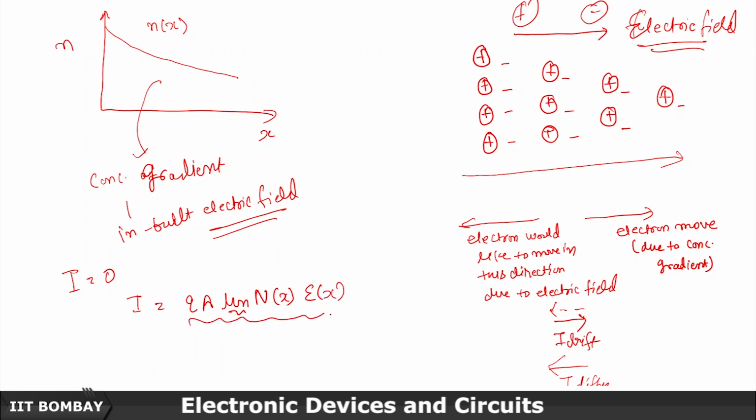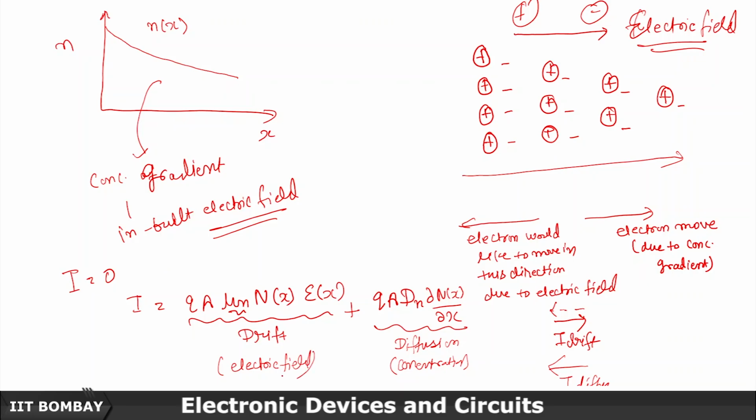So this is the drift current, plus now we'll write the diffusion current, which comes out to be QA D_n times dn/dx, the derivative of the concentration gradient with respect to x. So this is the expression for diffusion current, and this is the expression for drift current. Diffusion is due to the concentration gradient, and drift is due to the electric field.